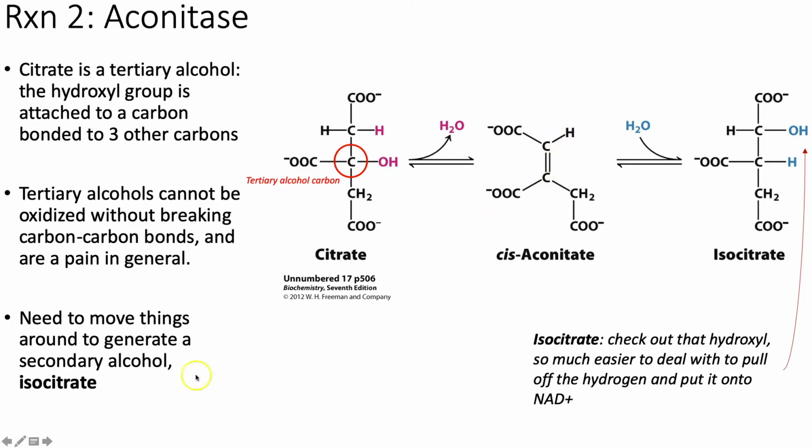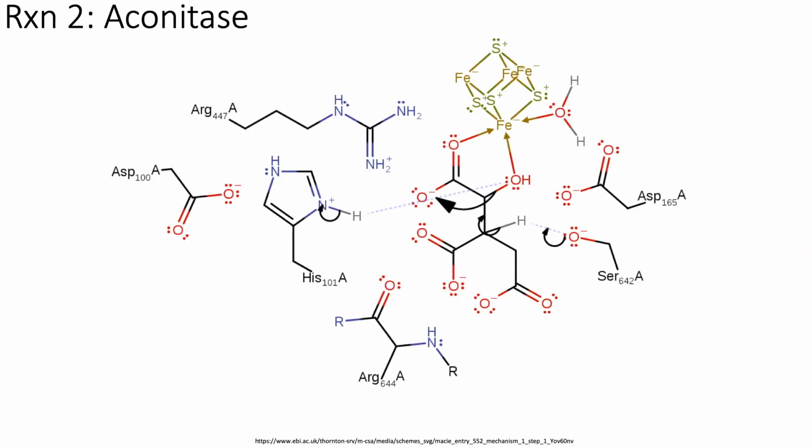And that's called isocitrate. Now, the enzyme that does this, aconitase, is really interesting, and if you actually look at its active site, it's very cool. Here we have our citrate, and they're showing arrows of how it's about to become isocitrate. I just want you to see there are some really interesting things going on. Lots and lots of hydrogen bonding is occurring because there are all these nice oxygens and alcohol groups hanging out.